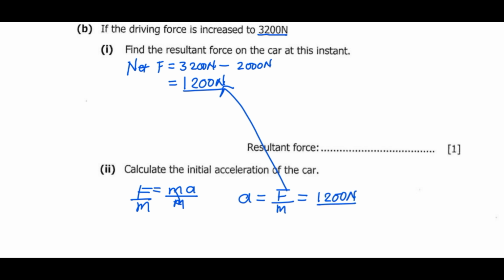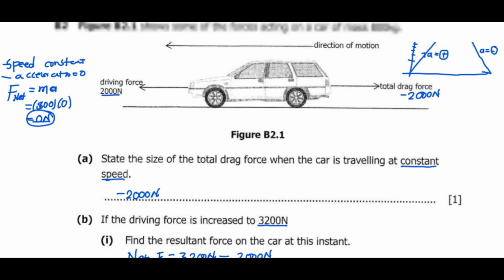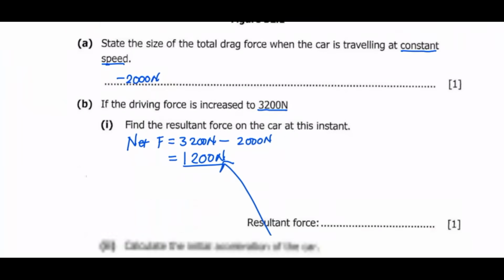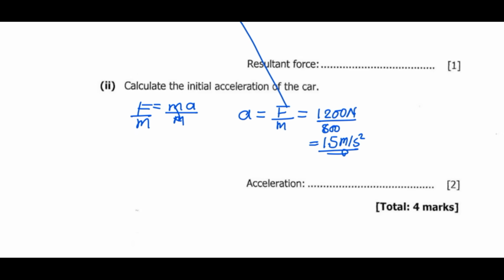Then you divide by the mass given in the question, so the mass is 800 kg. So we divide by 800. What is 1,200 divided by 800? I'm getting 1.5 meters per second squared. So this is how you deal with a question like this one.